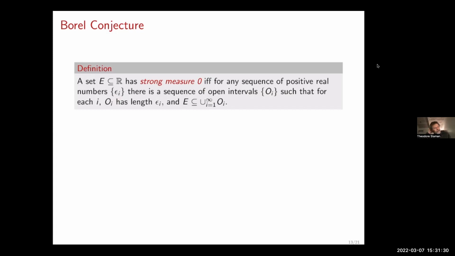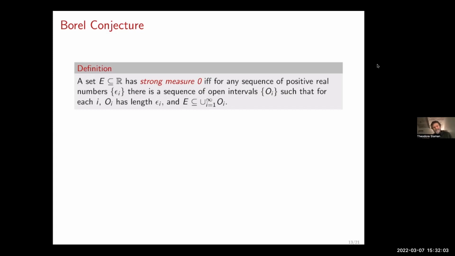So a set has strong measure 0 if and only if, take any sequence of positive numbers, no matter, and think of it as going to 0 extremely quickly. You have to be able to cover E by a sequence of intervals that go to 0 just as fast as the given sequence. So this is a very small set.